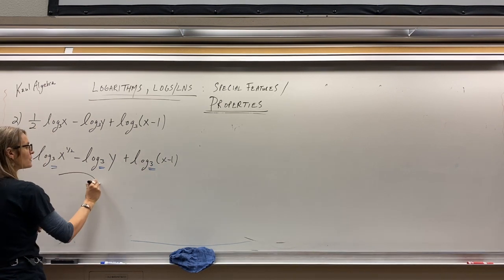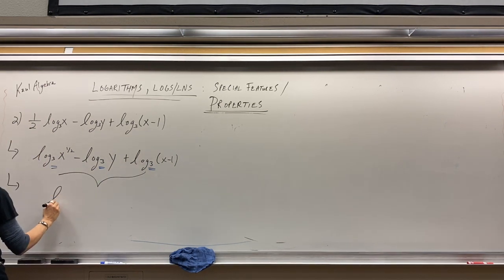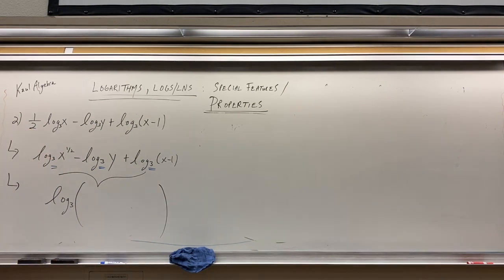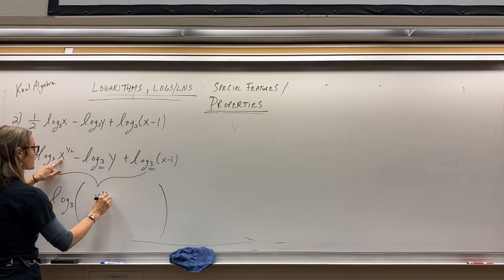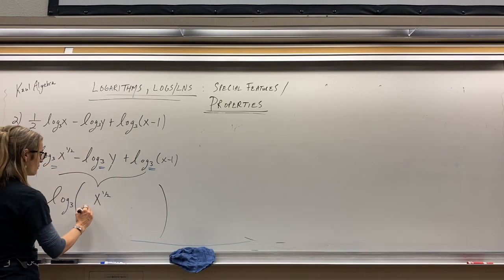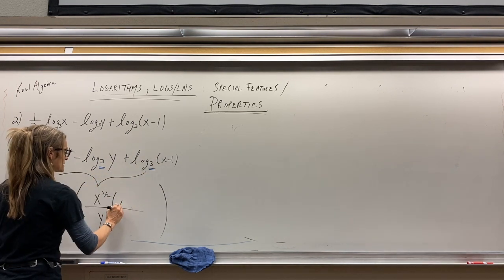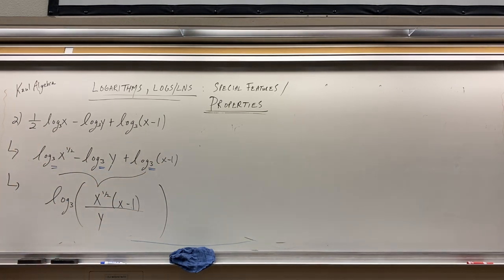So I can put all of this together into a log base 3, parentheses, positive x to the 1/2 in the numerator, negative y in the denominator, positive x minus 1 in the numerator. There you go.